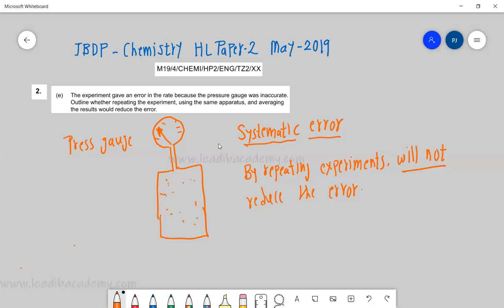But in this case, the instrument itself is faulty. We cannot minimize or eliminate that error by performing the experiment a number of times. Very straightforward. Hope this is quite clear.